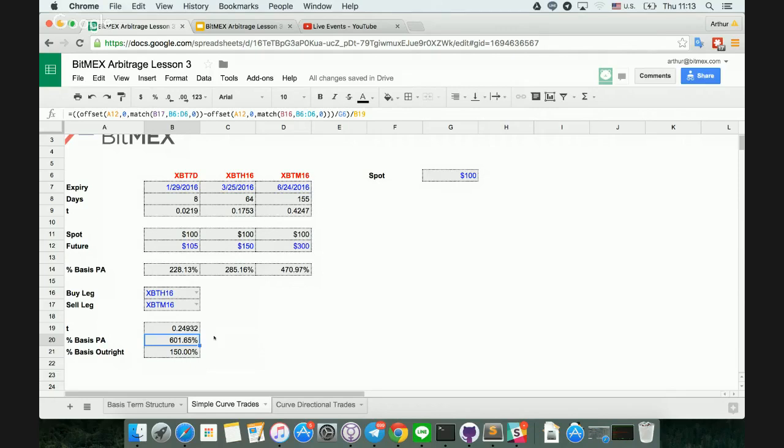Now, this is the easiest version where you're selling the longer dated and buying the shorter dated. Now, let's reverse this. Assume that the weekly is trading quite expensive.